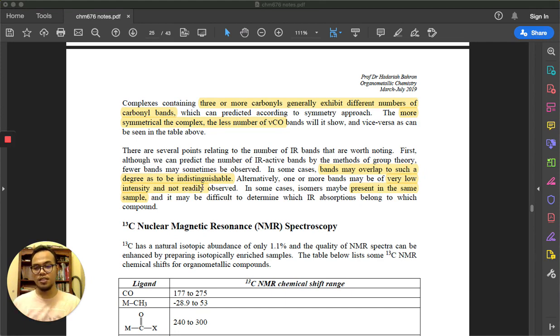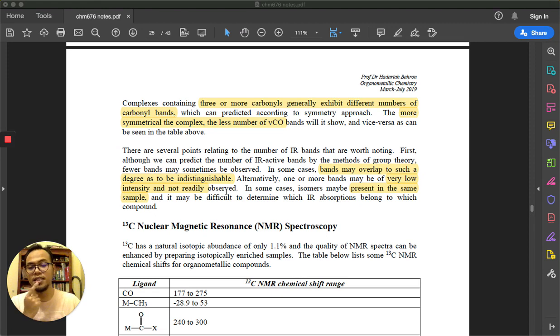So even though we are expecting 3 stretching frequencies, for example, on the spectra, sometimes these bands can be overlapping. So it will be difficult for us to tell how many frequencies we have. Consequently, we cannot tell whether it is cis or trans, and so on. Also, one or more bands may be of very low intensity and not readily observed.